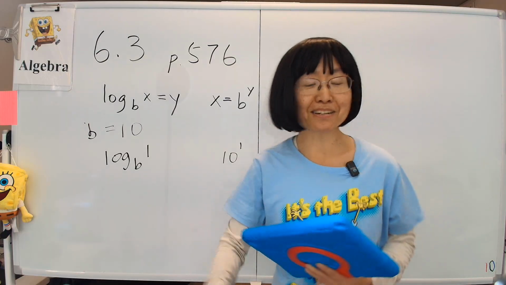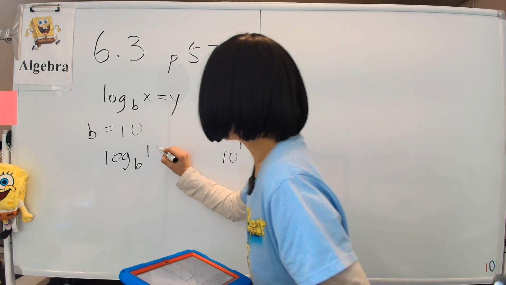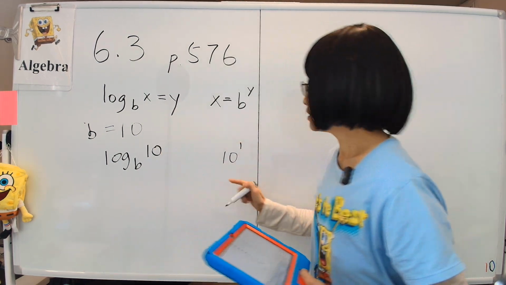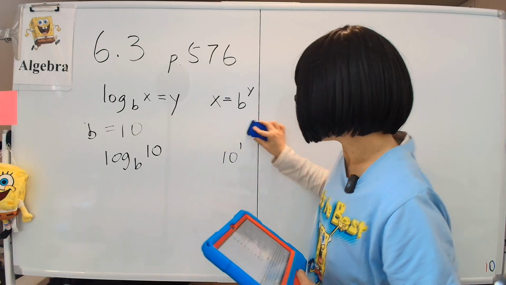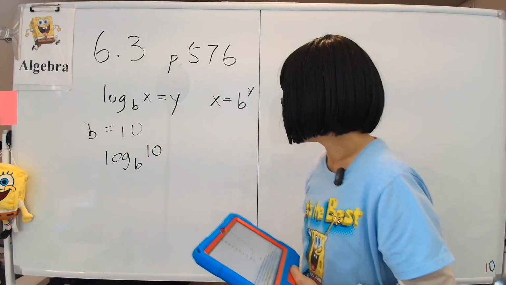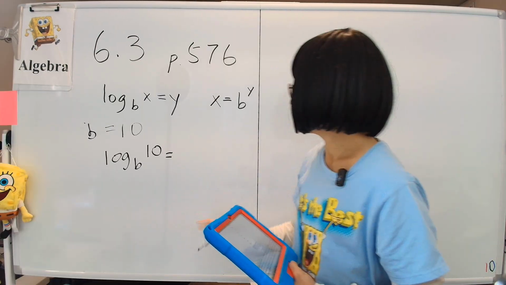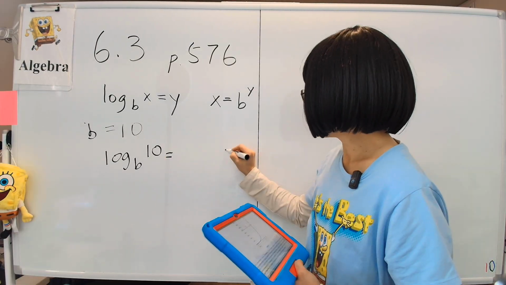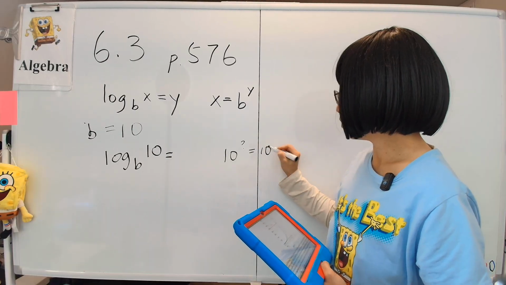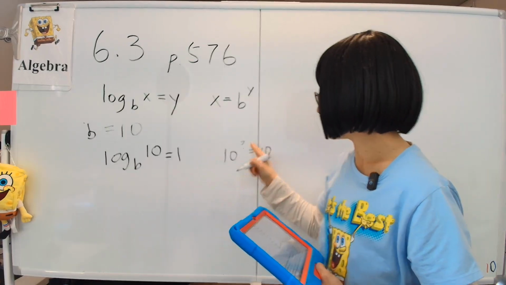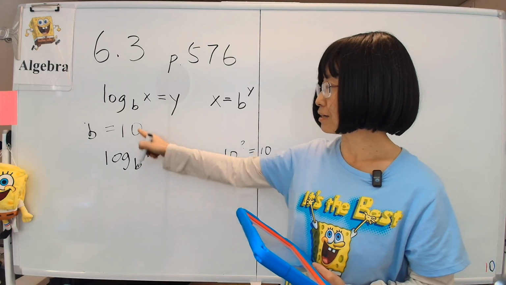Let's start with log base b of 10, okay? That is easier. In other words, the question is, b to what power equals 10? Where b is 10 itself, 10 to what power equals 10? Well, that would be 1. So log base b of 10 equals 1 if b itself equals 10.